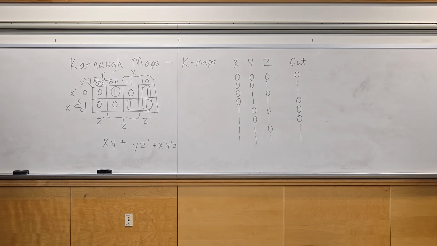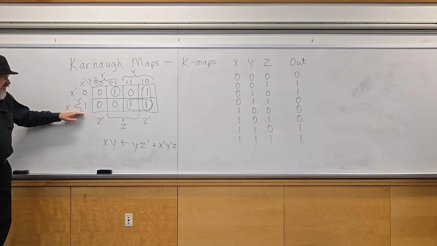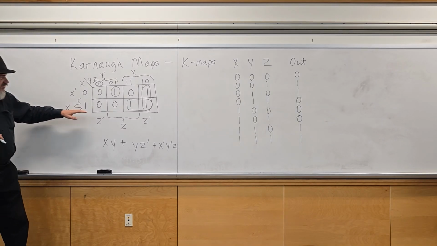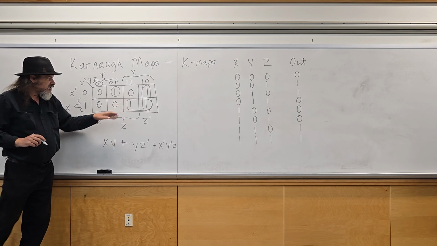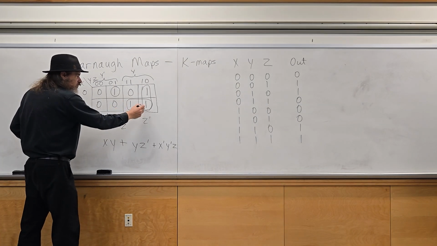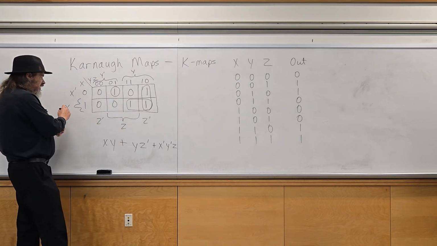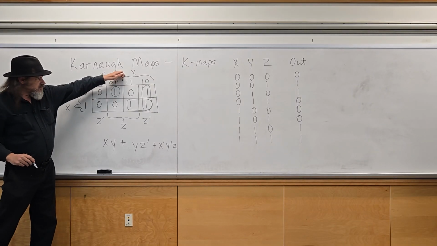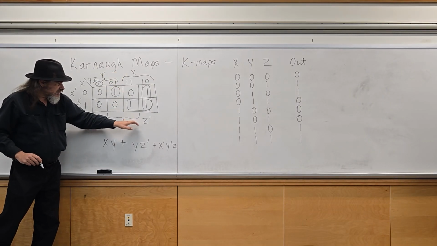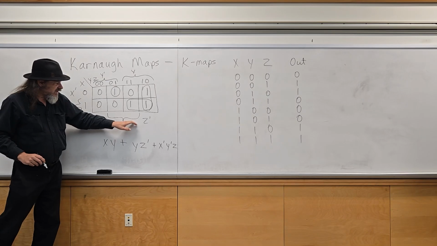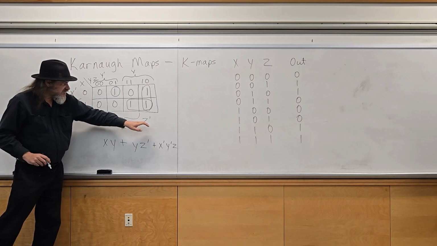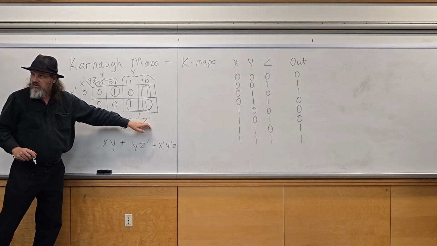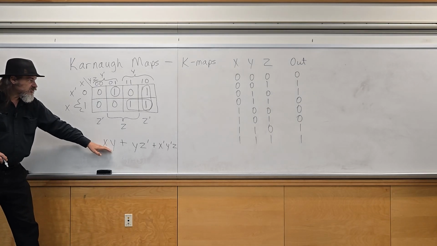That makes it so that, like in this case, these 2 ones here, the X is 1 and the Y is 1. Z doesn't matter because it's in both the Z and Z prime space. So it's just XY.